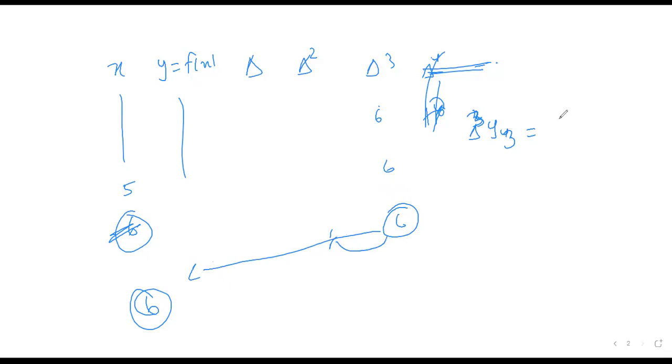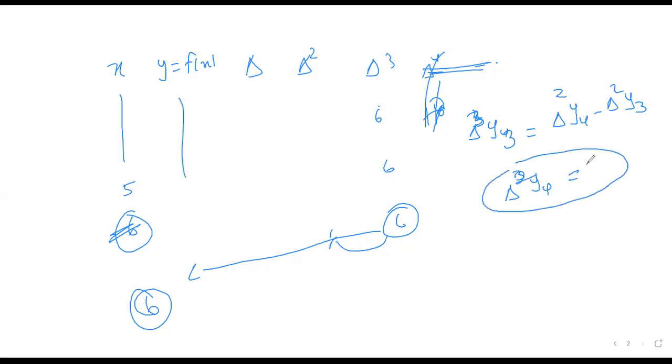You can go for delta squared y4 minus delta squared y3, and from that you will find some answer for delta cube y3 and delta squared y4. So from this you will find this answer.